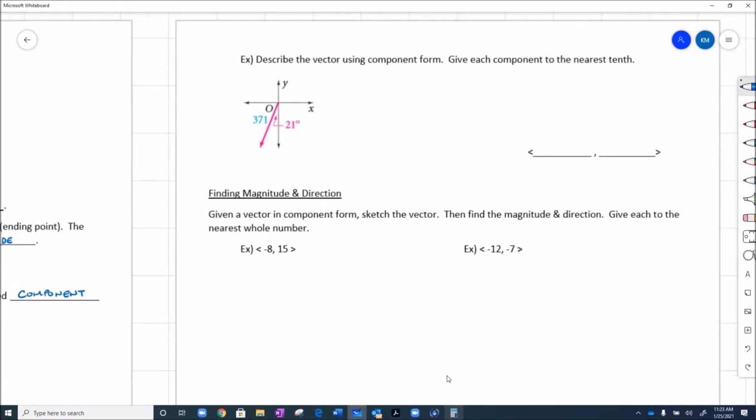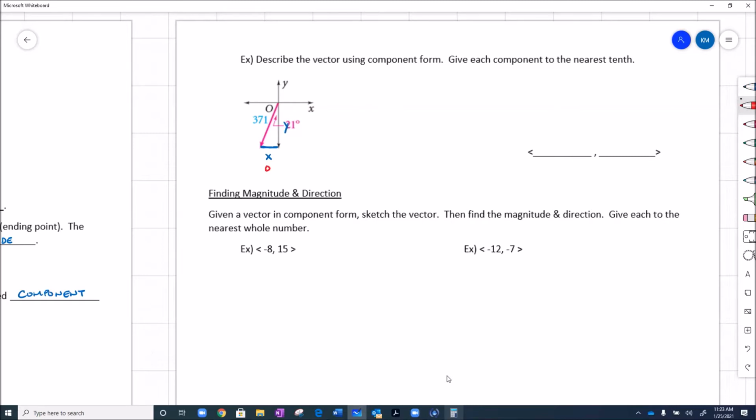So here's an example. You can look at that, try this out really quickly. Go through it. All right, so it's asking us here to describe this vector using component form. Give each component to the nearest 10th. So we have the hypotenuse of 371, and we're going to be trying to find the X and Y coordinates. Okay, so here, as I'm labeling my sides, I have the opposite here.